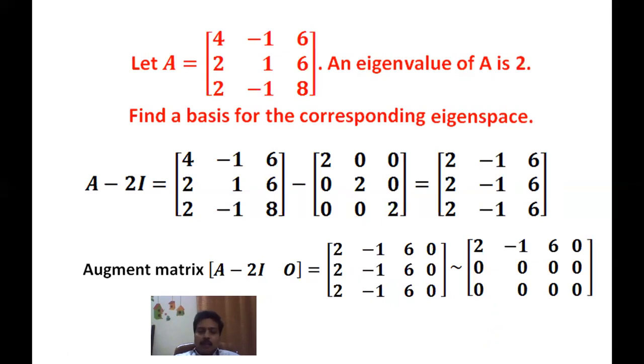By elementary row operations, this can be converted into echelon form and reduced echelon form. Here, since all the rows are equal, we can simply subtract one from another. R2 goes to R2 minus R1, and similarly R3 goes to R3 minus R1. R2 and R3 will become 0 rows. So this is our reduced echelon form.